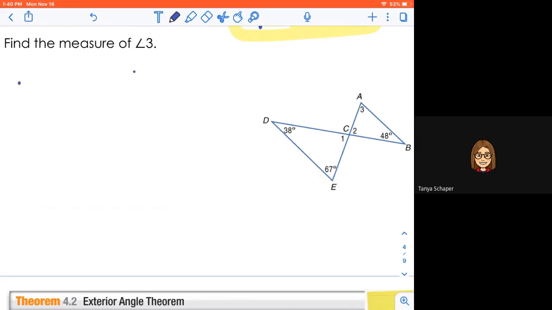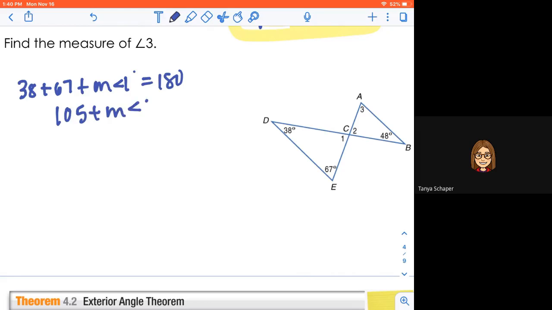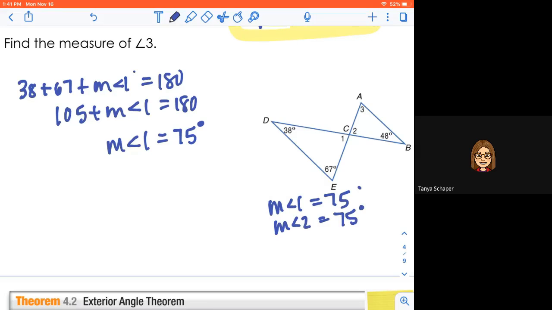We know that 38 plus 67 plus the measure of angle 1 is equal to 180 degrees. So 105 plus the measure of angle 1 equals 180 degrees, and the measure of angle 1 is 75 degrees. Because angle 1 and angle 2 are vertical angles, we use the vertical angles theorem to state that they have the exact same measure, so the measure of angle 2 is also 75 degrees.